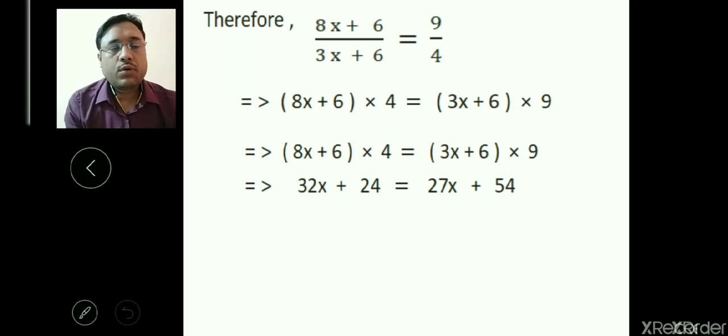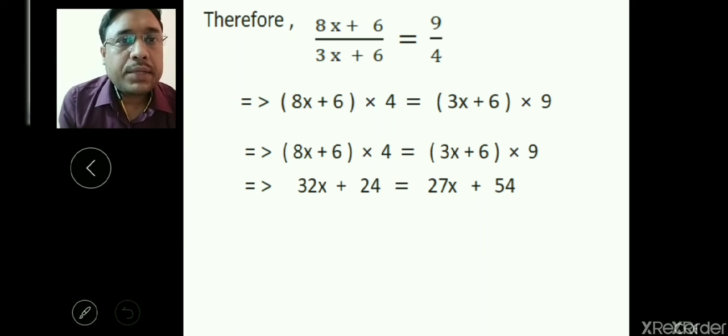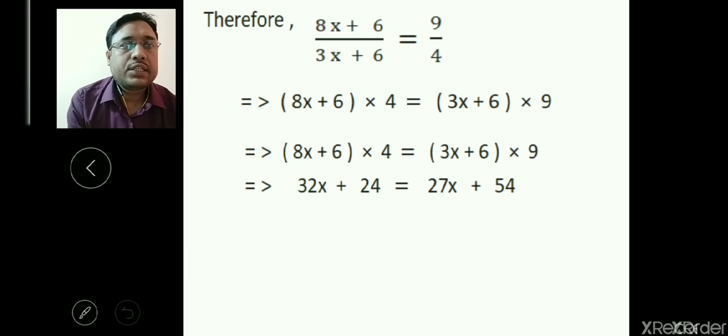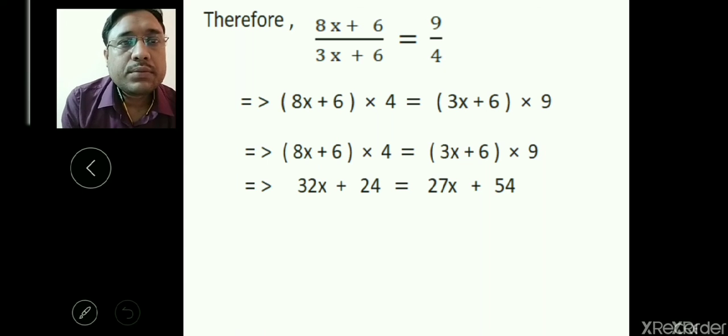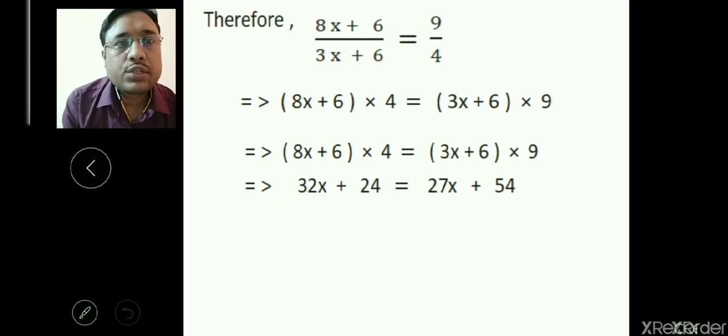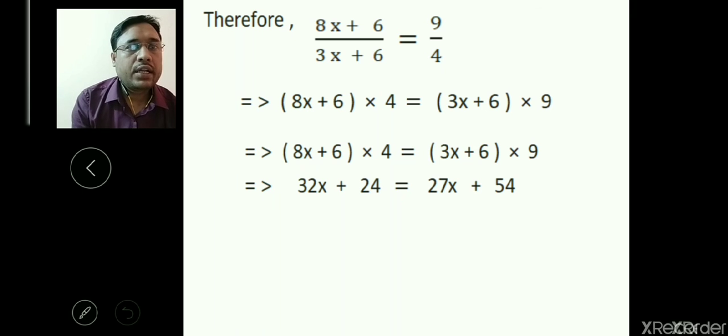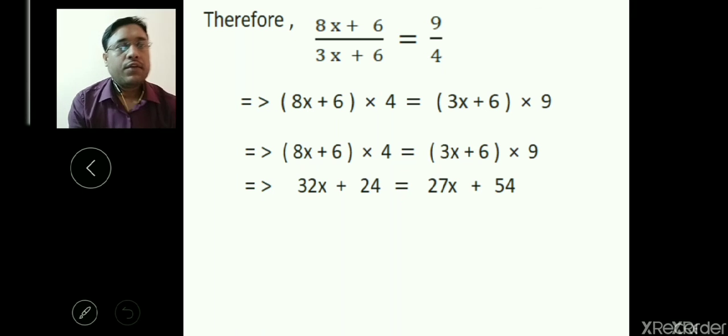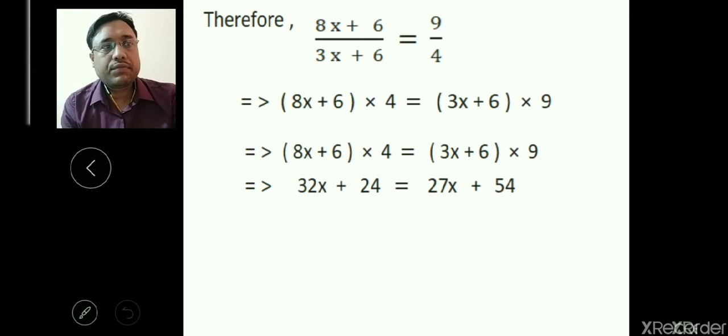So 8x plus 6 into 4 gives 32x plus 24, since 4 multiplies both 8x and 6, and 3x plus 6 into 9 gives 9 into 3, 27x, plus 9 into 6 is 54.